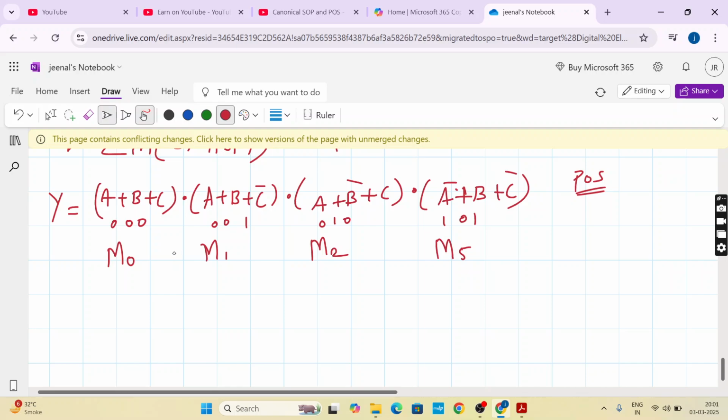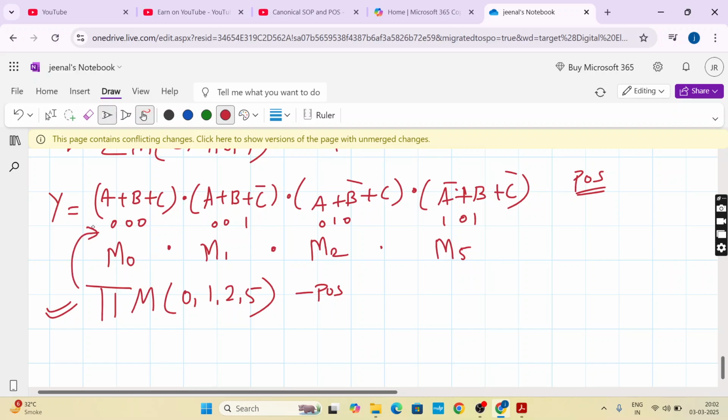There is a multiplication between these max terms, right? How do we represent these max terms? It is represented by a pi. So pi capital M, and in the bracket I will have only the decimals 0, 1, 2 and 5. Given this equation, this is also a form of writing a POS equation.